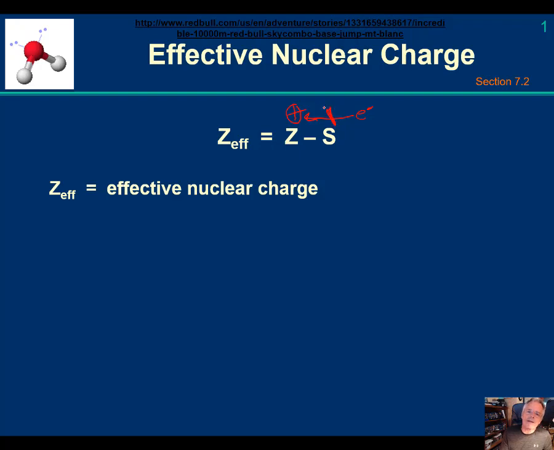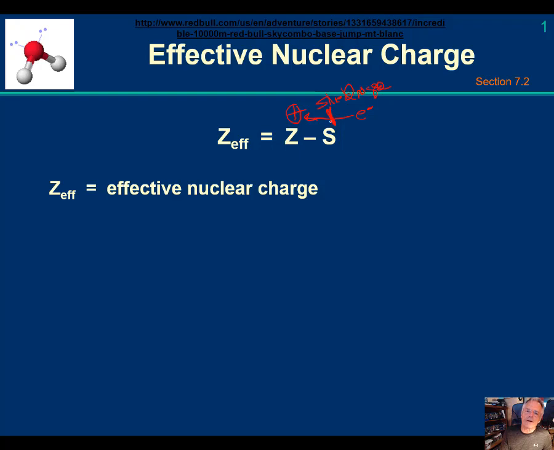And the thing that's in the way that prevents this from being a full-on positive charge are what we call the shielding electrons. And these are just the electrons that are effectively in the way.